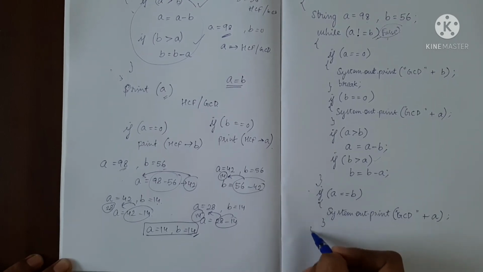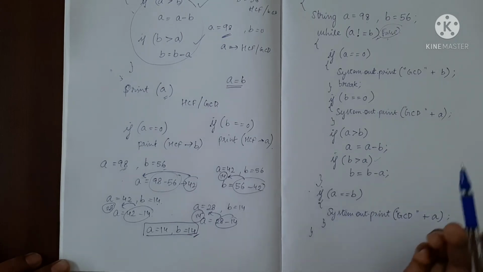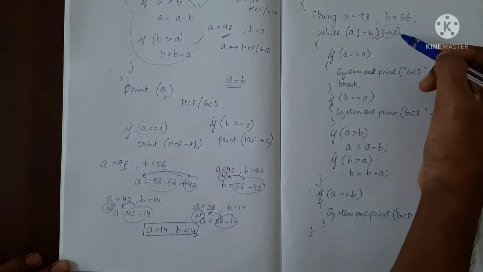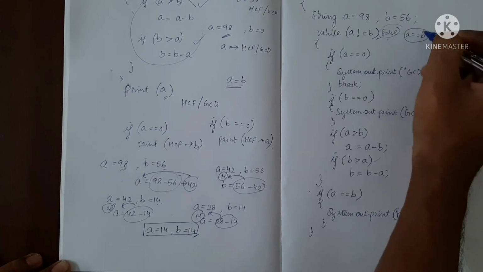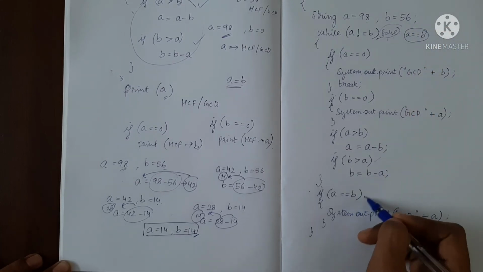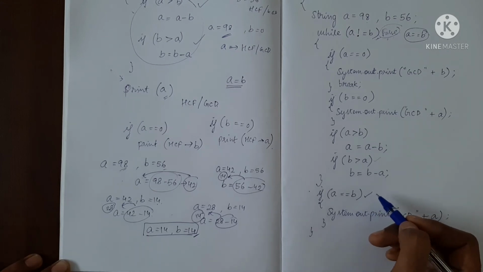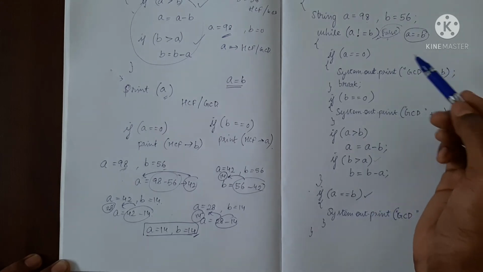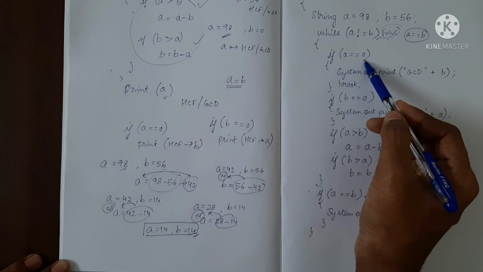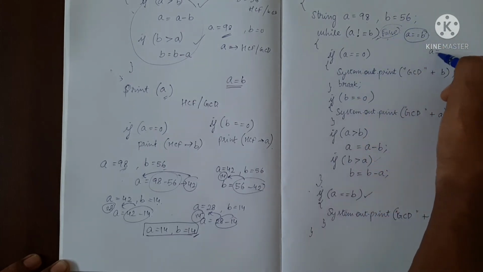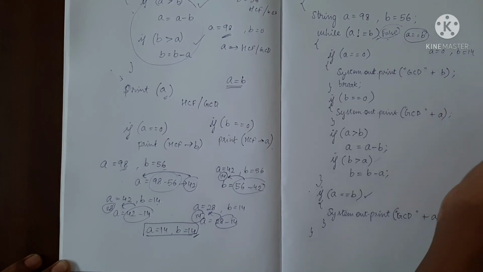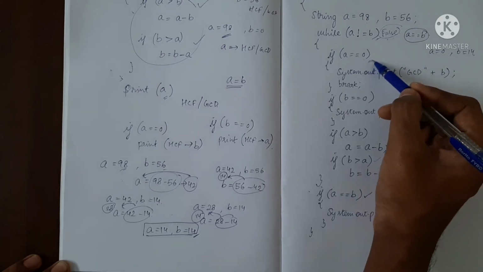Okay, this is done. So some of you may have a doubt. This loop got terminated because A became equal to B. So why are we checking it here again? So the reason is, suppose A was 0 and B had some value, say 14. So this condition will get satisfied.